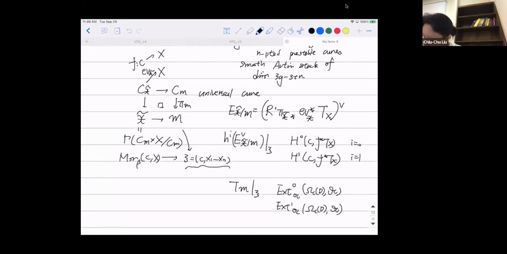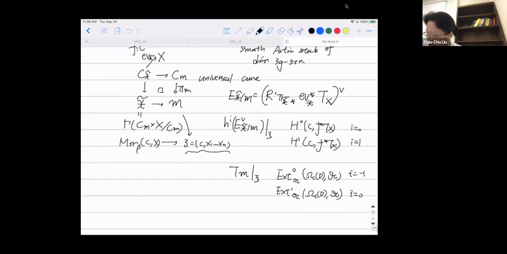So this is actually a two-term complex. It has degree 0 and -1. So there's no obstruction to deforming the domain, but you have infinitesimal automorphisms.